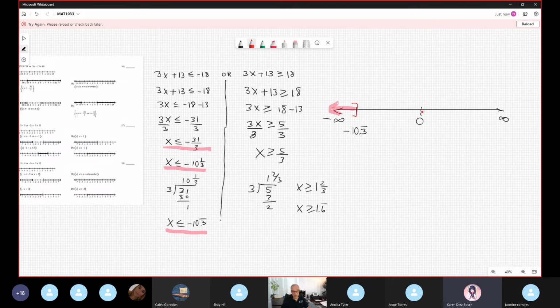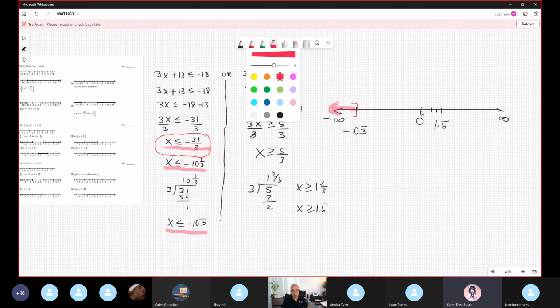Okay, this number is equivalent to say negative 31 over 3. And now, suppose 5 over 3 is 1 point something. This is 1, this is 2, 1 point something is here. This is 1, positive 1.6 repeated. And this is to the right in the opposite direction.